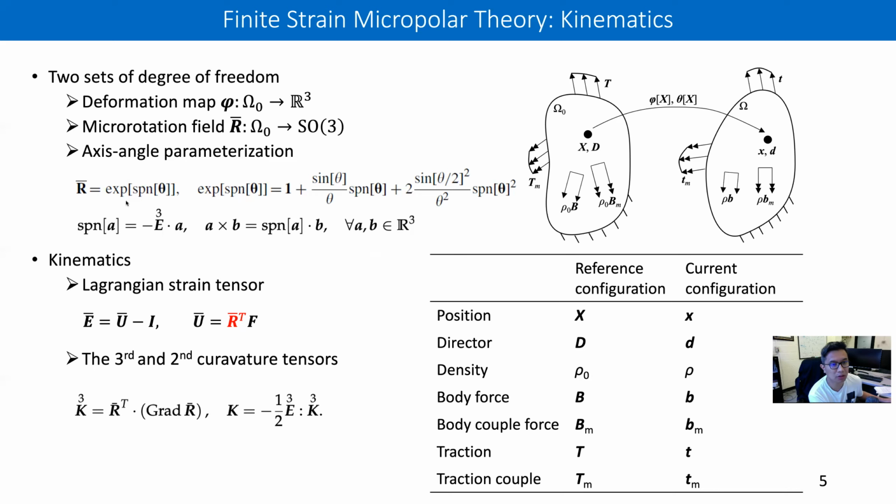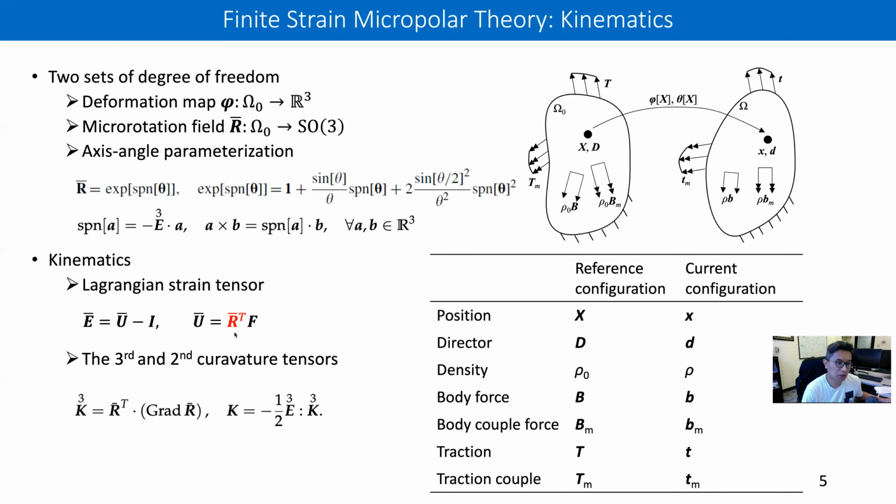Here we will use the exponential map to map the rotation tensor that is in the special orthogonal group into the corresponding Lie algebra. Now, another difference is the way the kinematic and the kinetic measures are defined.